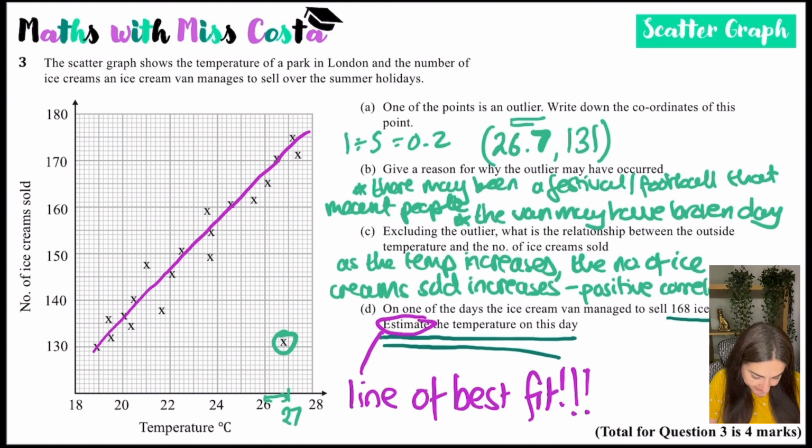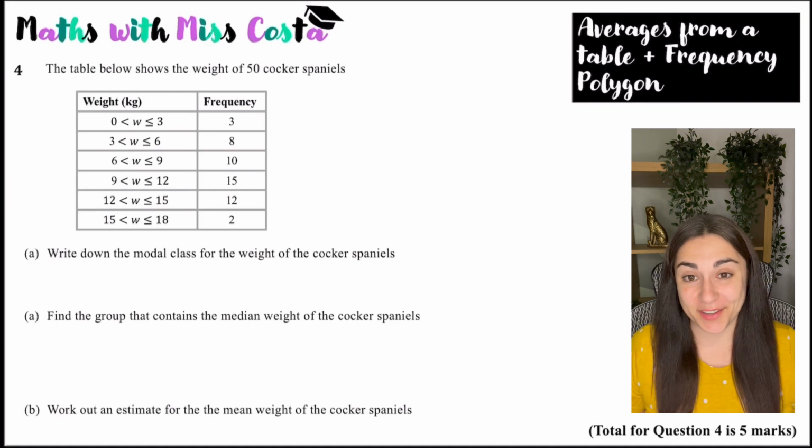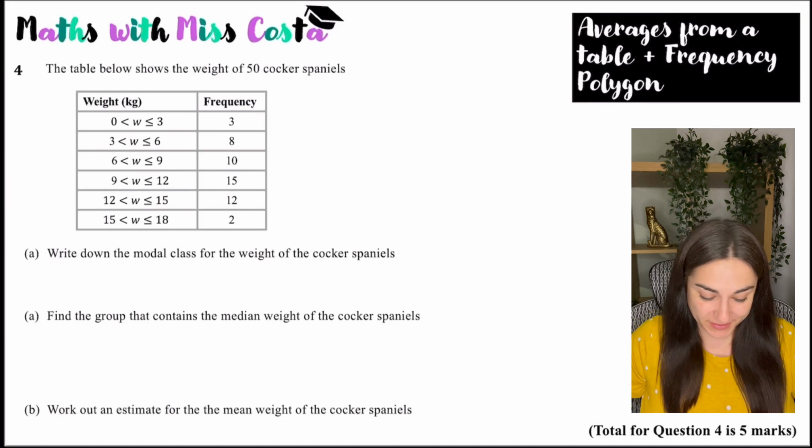We go to 168. We go up to our line. Then we use that to figure out what the other value is. So that would be, I know that they're going up in 2, so that would be 26.2.